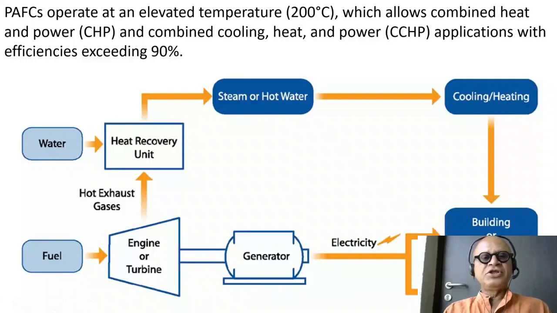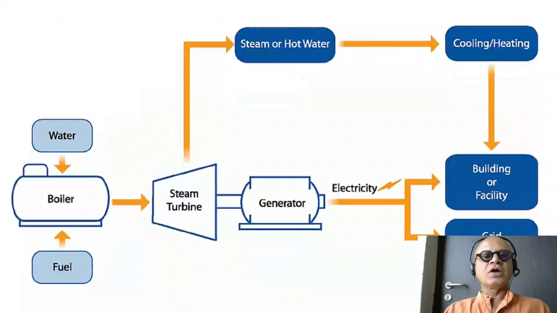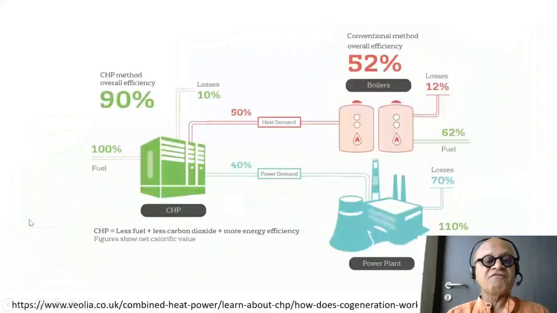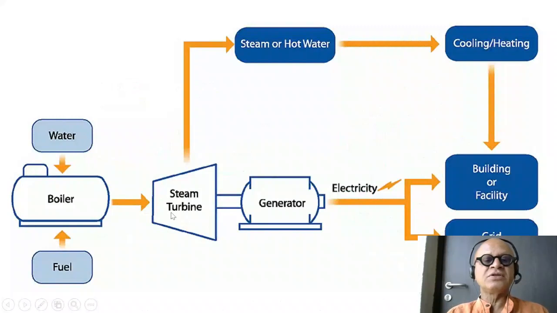Okay, and new methods do combined generation. So they are the combined heat and power, or combined cooling, heating, and power. So here, instead of driving the boiler separately to drive the turbine, you mix the boiler with the fuel driving steam production and drive a steam turbine, and use the remaining steam and hot water to drive cooling and heating.